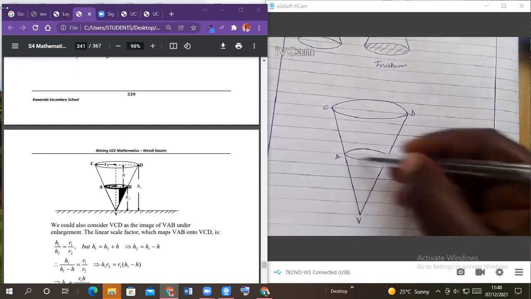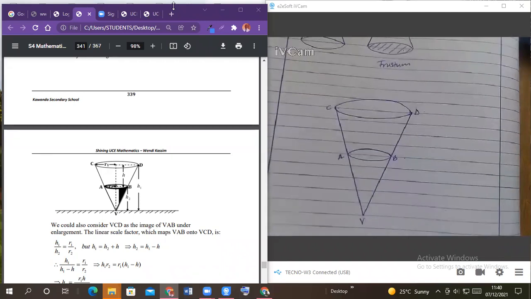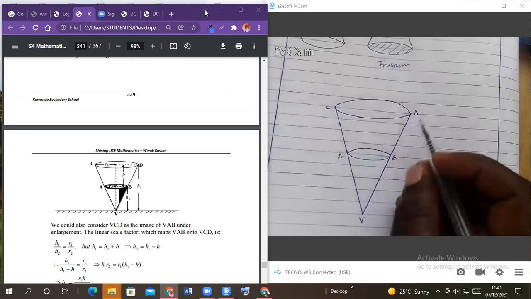That is the big cone, and this is the small one. Each one of them has got a radius.